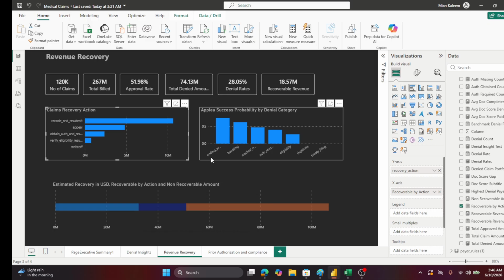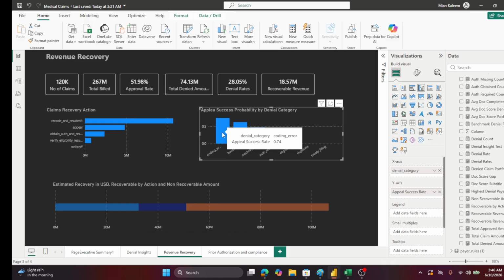Appeal success probability by denial category. Basically, all this data is coming from the data we have. We'll go through all this data in the next session, but right now we'll see the appeal success probability by denial category. Success probability is higher in coding error.